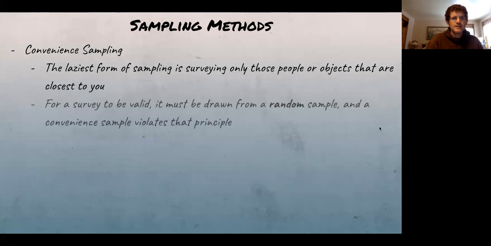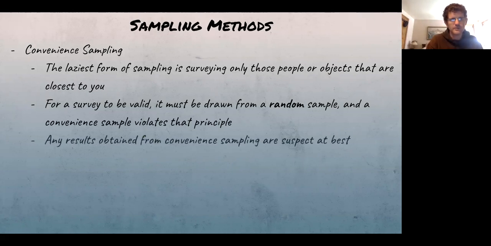But it must be drawn from a random sample. A convenient sample violates that principle. It's not random. You guys are here, so you're not randomly here. You signed up for this class. So anyways, I need to randomly pick people from the school. And any results that I got from a convenience sample are suspect at best.